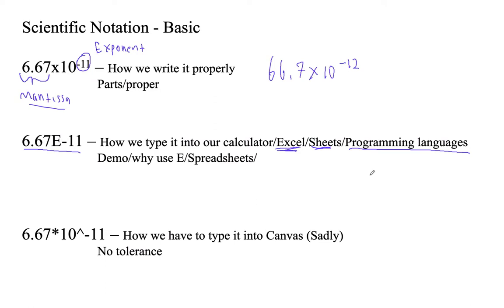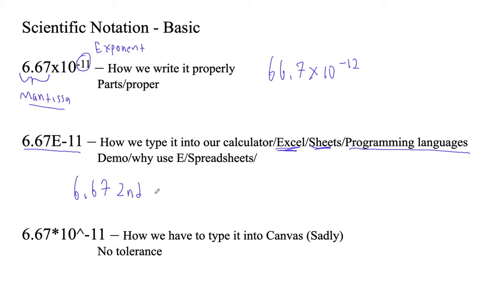And the other thing you've got to understand is that this is how we type it into our calculator. So let me just show you this. This is an important skill, okay? You're going to go on your calculator, you're going to go 6.67, okay? And then you're going to go, and I wish this wasn't a second function because you use it all the time. Like I use this way more than I use the comma, right?